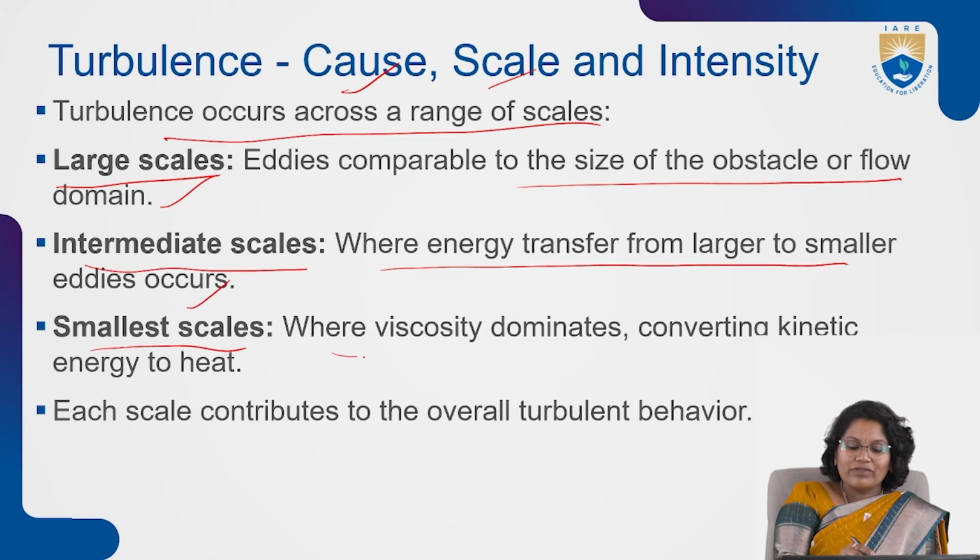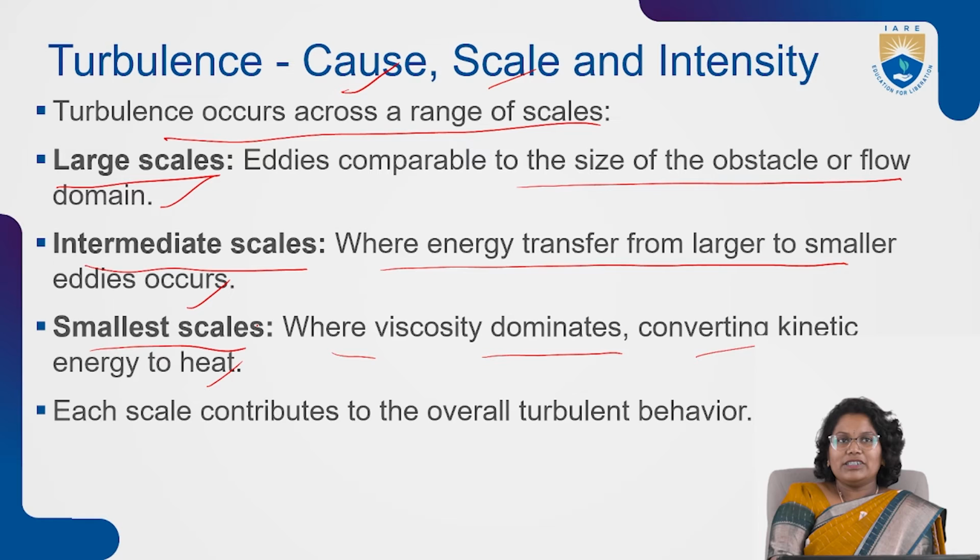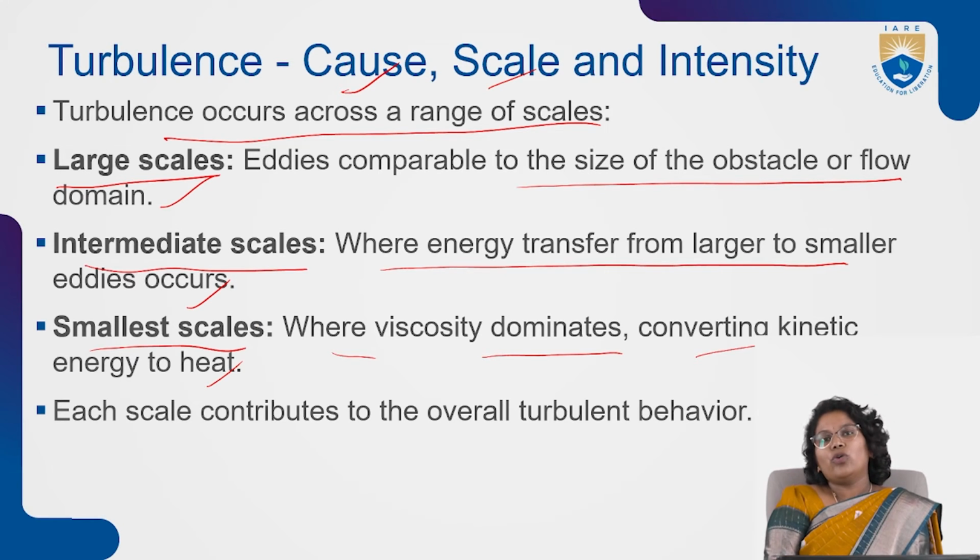The smallest scale is where viscosity dominates, converting kinetic energy to heat. Each scale contributes to the overall turbulent behavior in a fluid flow.